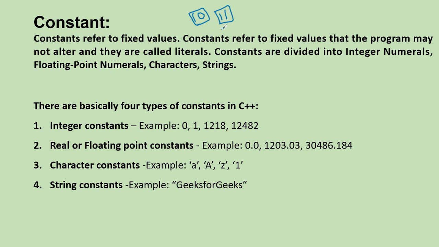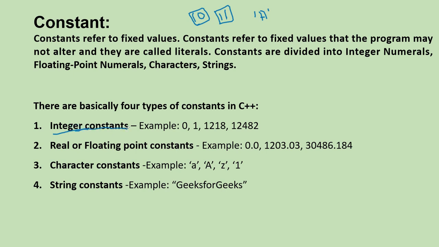They are called literals. For example, I will say A. A is a constant. You cannot change the value of A. Constants are divided into integer numerals, floating point numerals, character numerals, and string numerals. Integer numerals are one of the categories.